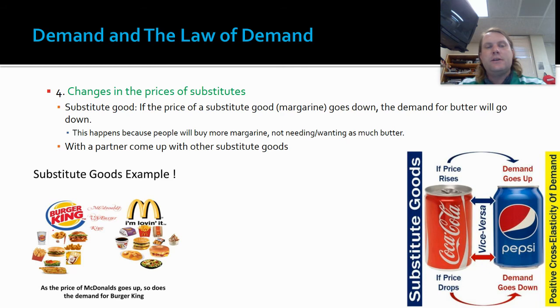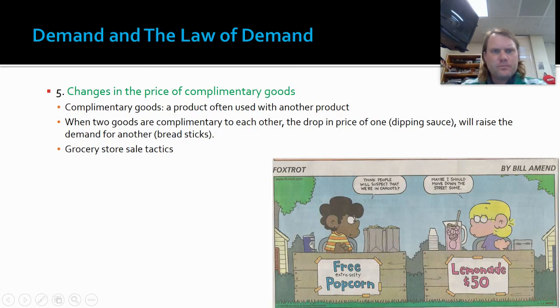If McDonald's has a sale, say 3 for $5 Big Macs or whatever, they've lowered their price of Big Macs. Well, now I'm going to go to McDonald's, but I'm going to decrease my demand for Burger King. So just make sure you speak in terms of what you are trying to say.